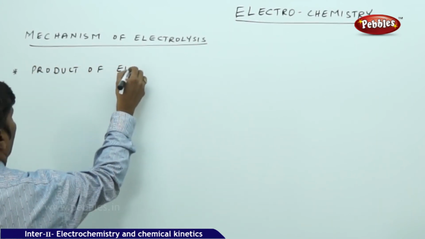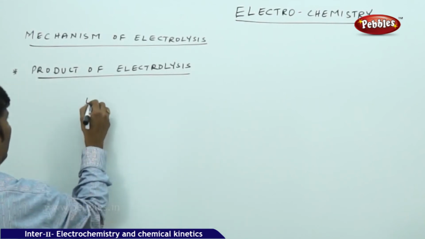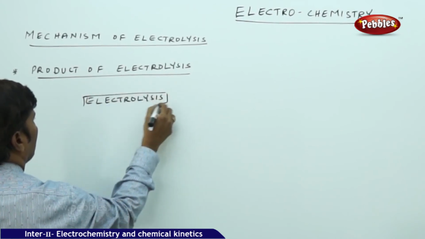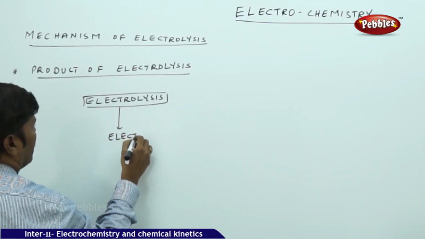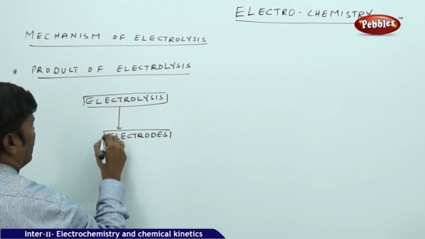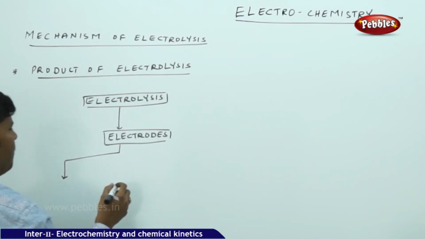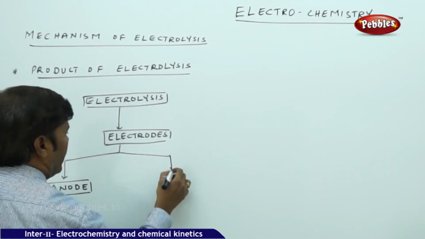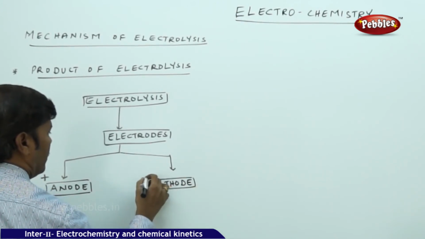Electrolysis involves electrodes. These electrodes are the anode electrode, which is given a positive sign convention, and the cathode electrode, which is given a negative sign convention.